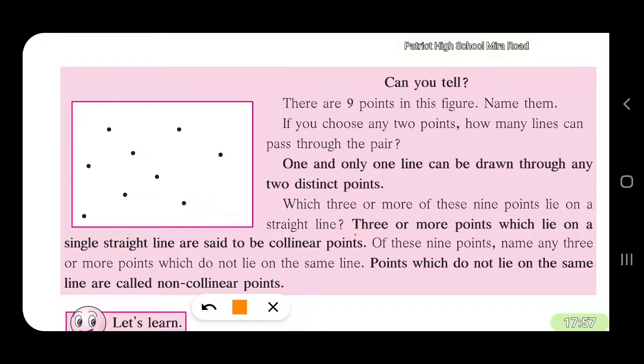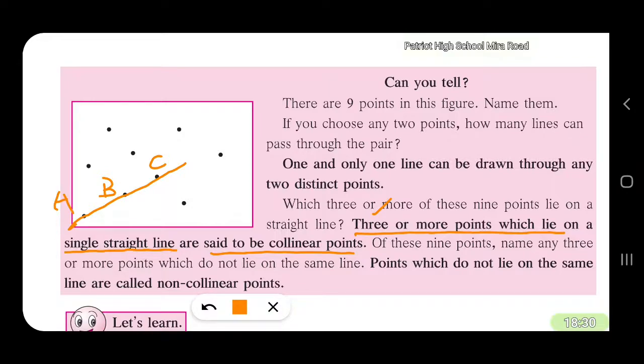Three or more points which lie on a single straight line are said to be collinear points. Now in this diagram, let us find out which are such points. There should be at least 3 points. Suppose these are points A, B and C. They are lying on the same straight line.